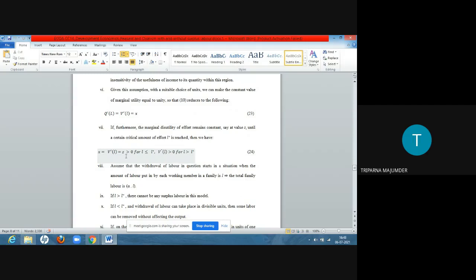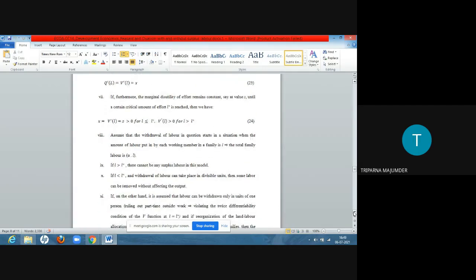So up till L star, this is constant. That is, marginal disutility of effort is constant at Z until the critical amount of effort L star is reached.